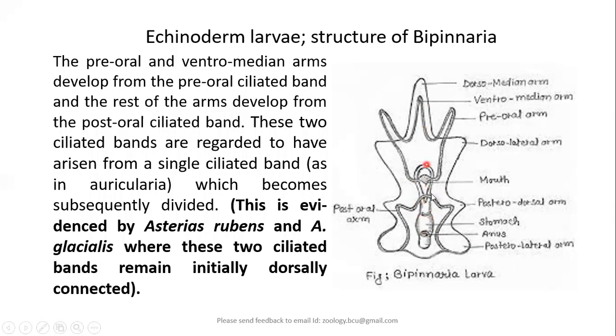These two ciliated bands actually develop from a single ciliated band in the initial stages of the larva, just as in the case of the Auricularia larva. That means Bipinnaria larva shows a lot of developmental similarities with the Auricularia larva of Holothuroidea.